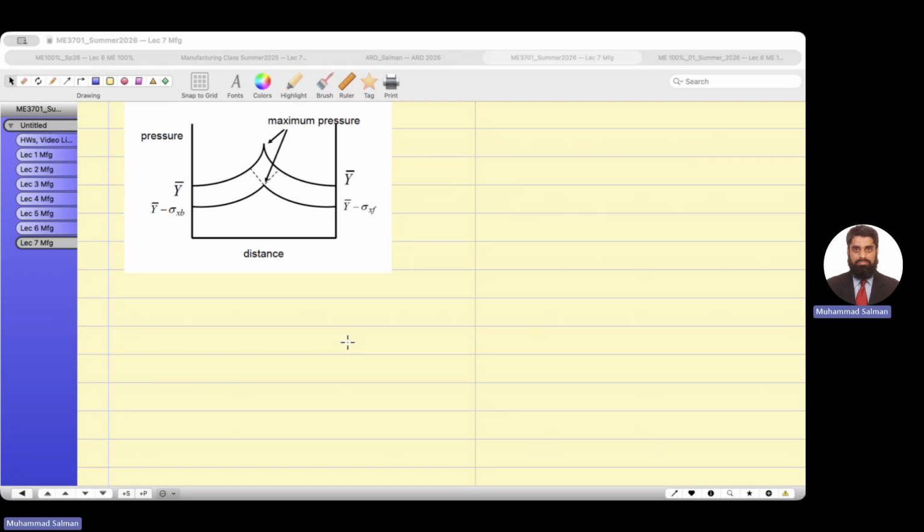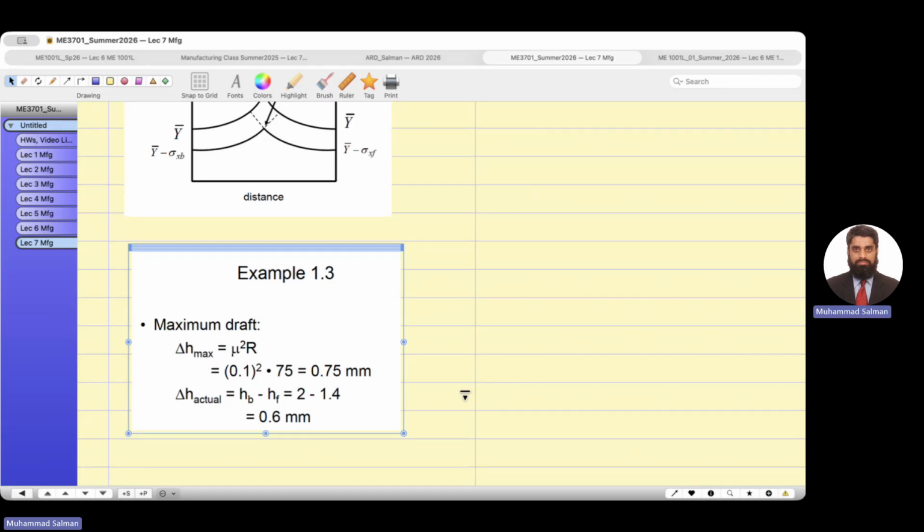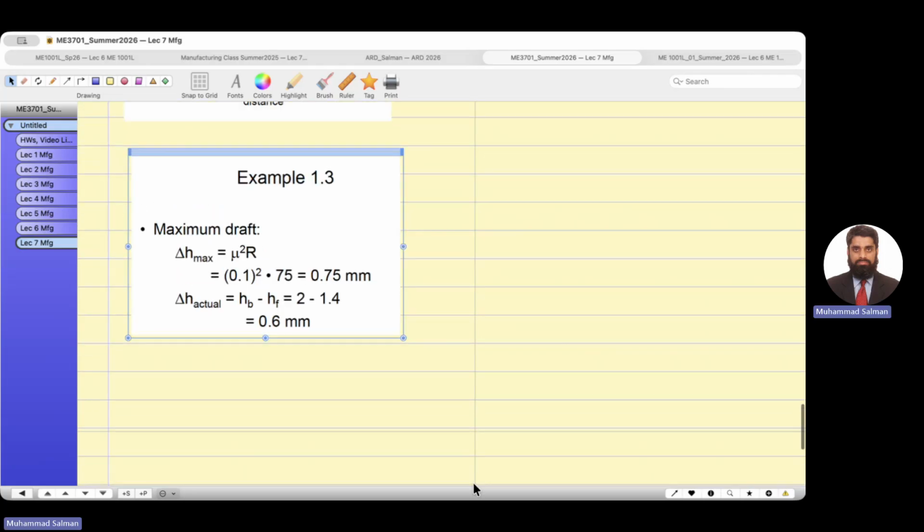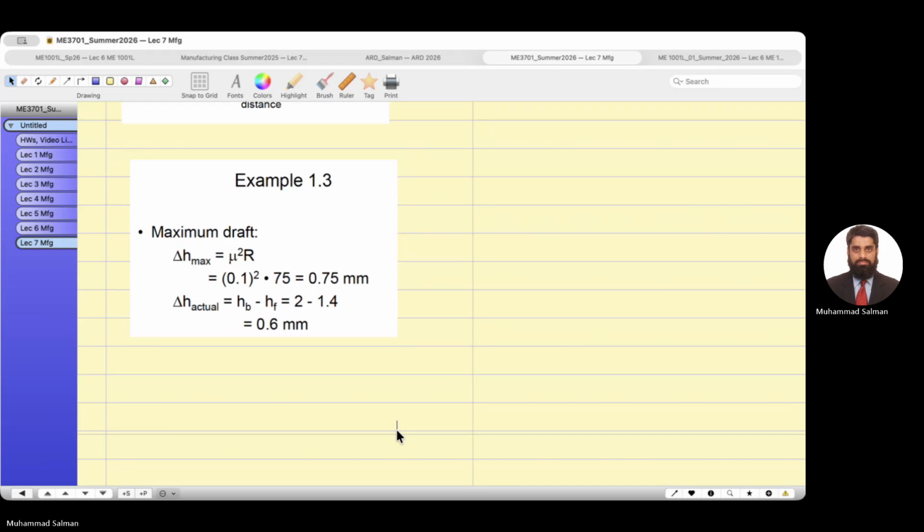So let me show you. I think I got to mention that the minimum draft is 0.75. So you see, with this coefficient of friction, you can further reduce the thickness.